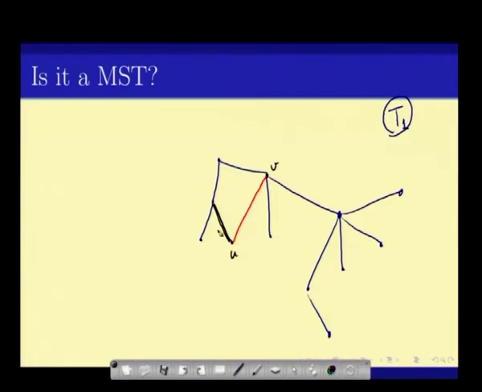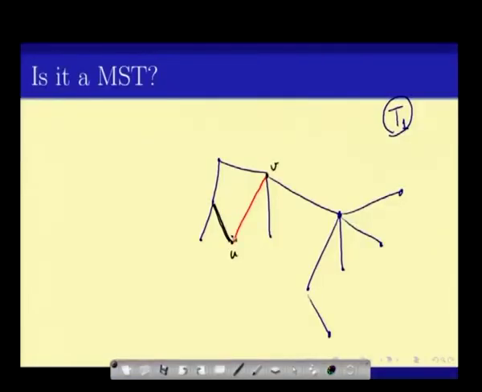But that cannot be, because if it is smaller in weight, then I can add this red edge and remove this black edge, and I will get a spanning tree which has smaller weight than T1. So, that cannot happen. In other words, we can prove that the spanning tree will match this Prim's algorithm's tree perfectly. That shows that Prim's algorithm will indeed output a minimum spanning tree.